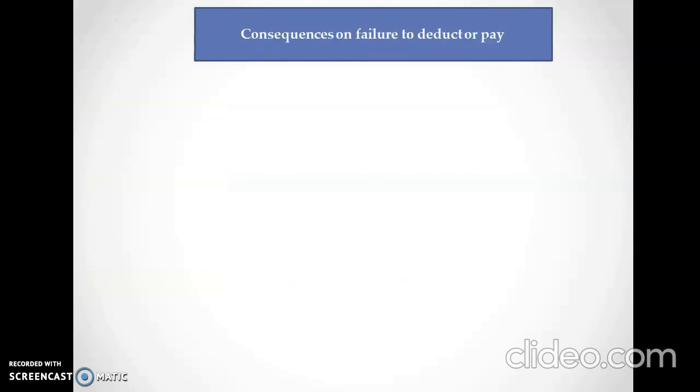Now, what will be the consequences if the person who is responsible to deduct TDS has not deducted it, or has not deposited it to the government?